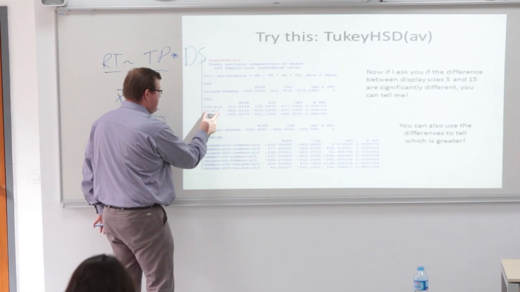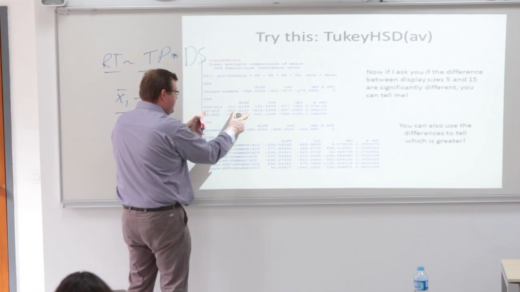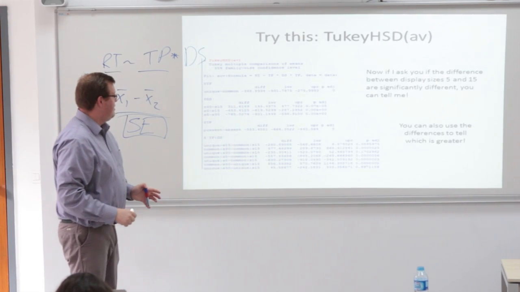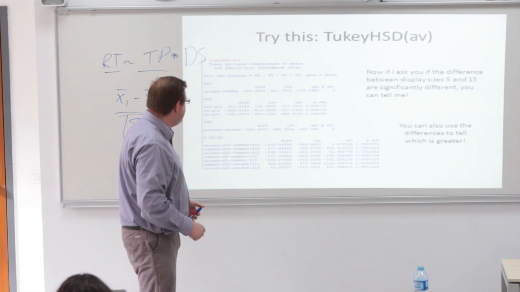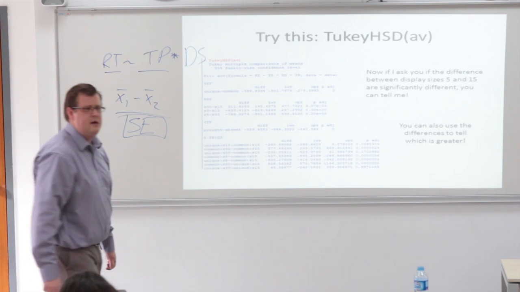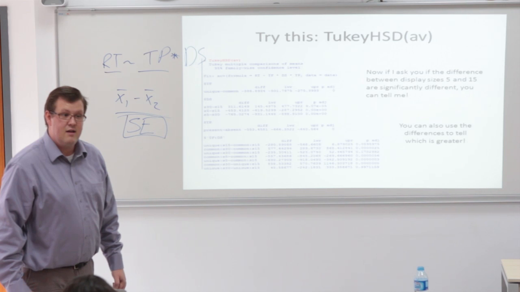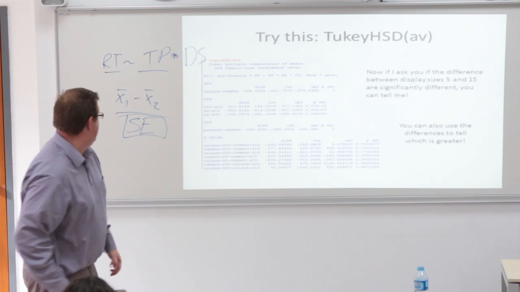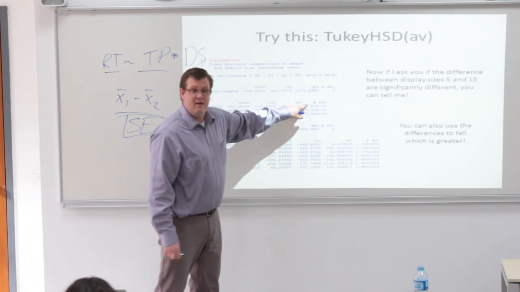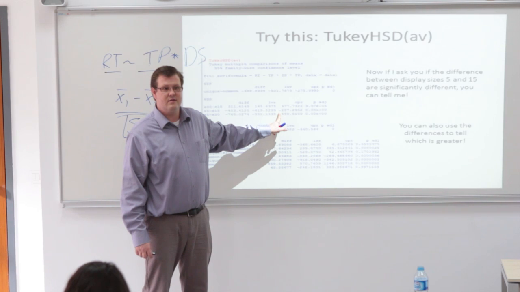Here's the difference between the means, or here are the means that you're getting the difference for. There's the difference. We see LWR, UPR, and then P ADJ. Lower and upper are actually confidence intervals for the difference.